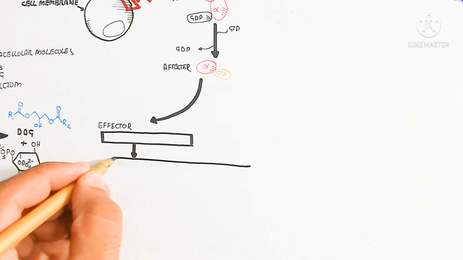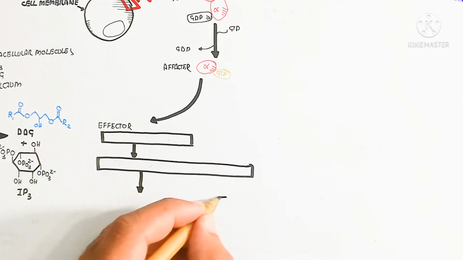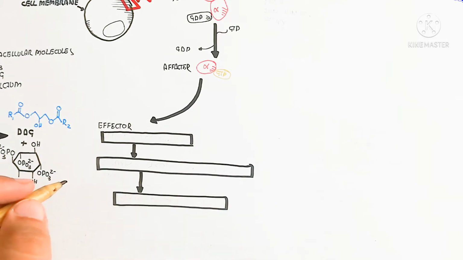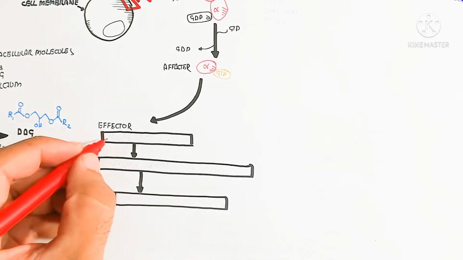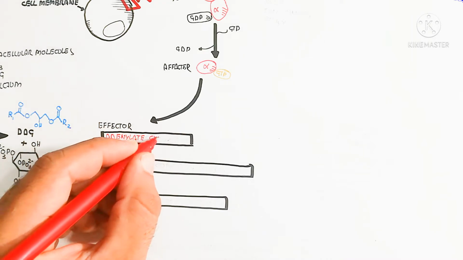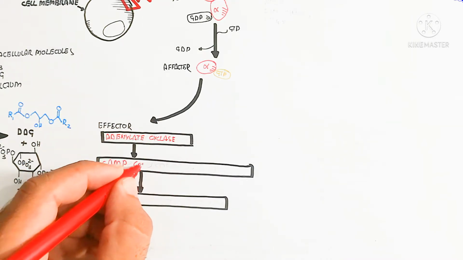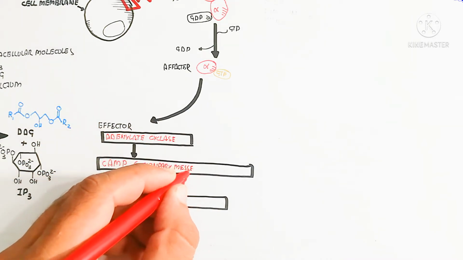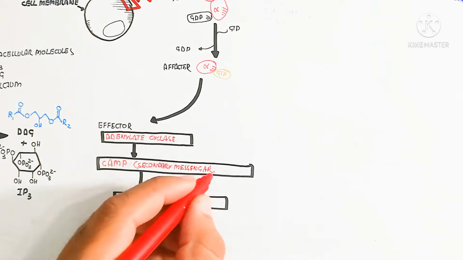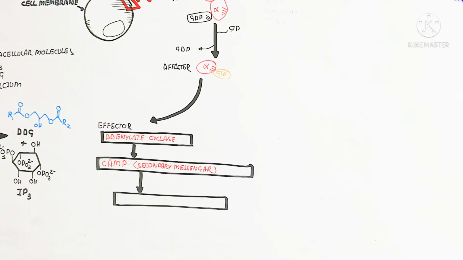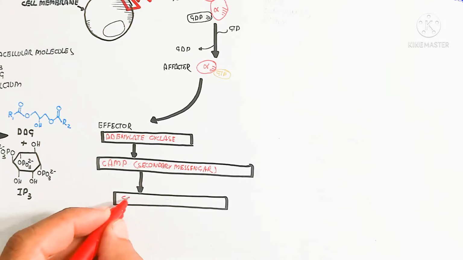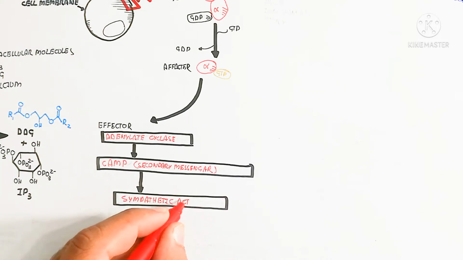The effector can be adenylate cyclase, producing cyclic AMP. Cyclic AMP is the secondary messenger, which leads to increased sympathetic activity and an increase of glucose; we will also understand how glucose is increased from the muscle and liver.